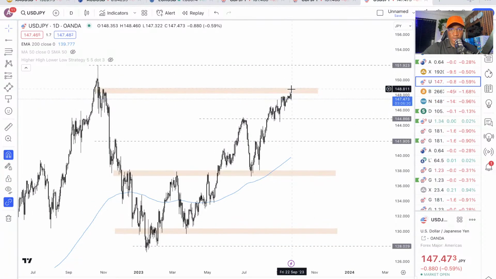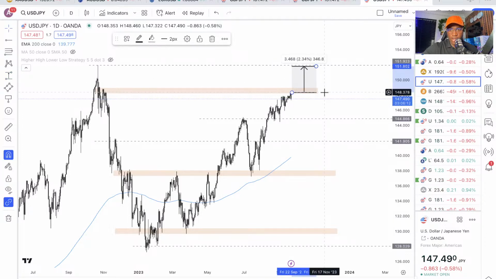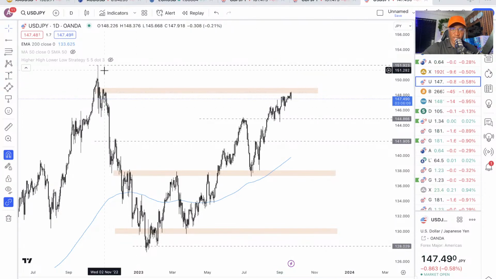How many pips are we looking at here? We still have about 350 pips to the top side to make a retest at its yearly highs, which is 151.